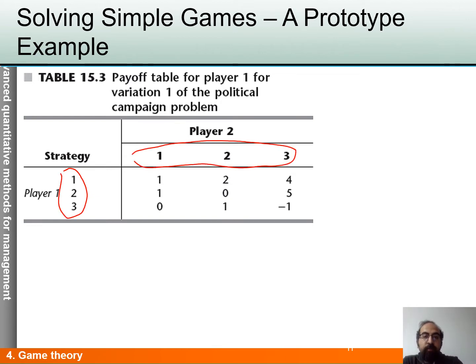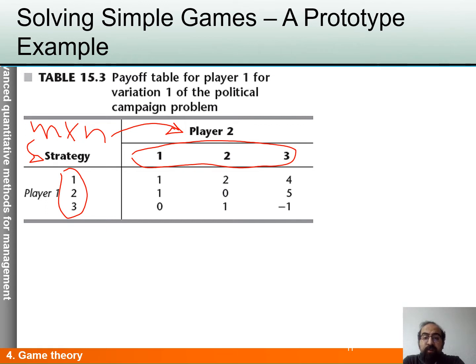Okay, as you remember, in a general form, I told you the table has m multiplied by n, where m is the number of strategies for player 1 and n is the number of strategies for player 2.